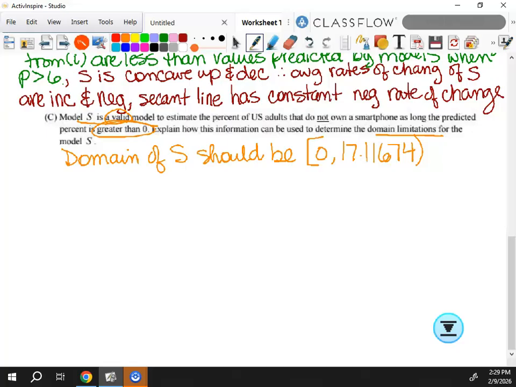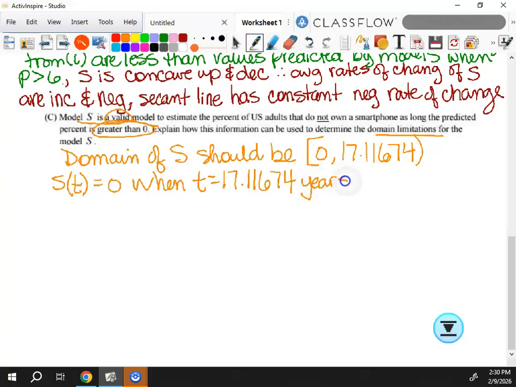All right. And so then I can say S of t equals 0 when t equals 17.11674. And what are the units on t? Years. Okay.